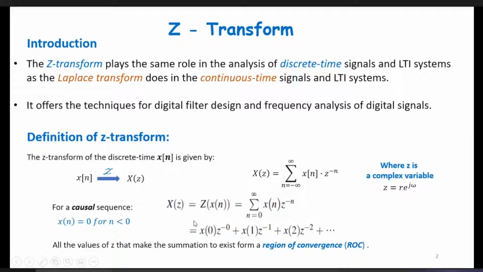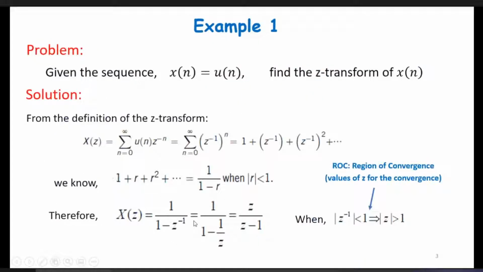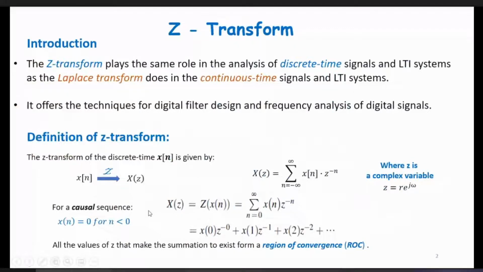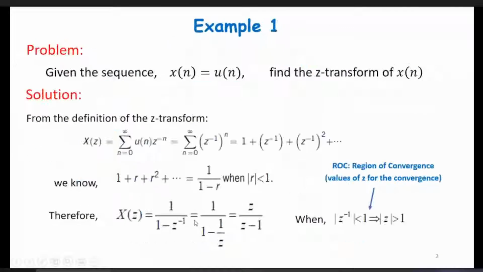Now, if it is a one-sided signal, it is a causal signal. Say x[n] is equal to u[n], the causal right-hand signal. The Z transform exists from n equal to 0 to infinity, where u[n] is your x[n], multiplied with z to the power minus n.